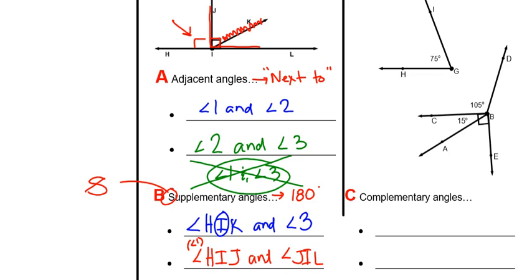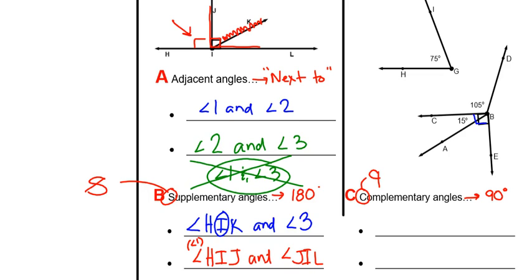If we jump over to the other side and look at complementary angles, we're thinking that those are angles that equal 90 degrees. Remember, we turned that C into a 9 when we drew our line, and that's how we can help remember that those are 90-degree angles. So in this case, we're looking for two angles that add up to 90 degrees.